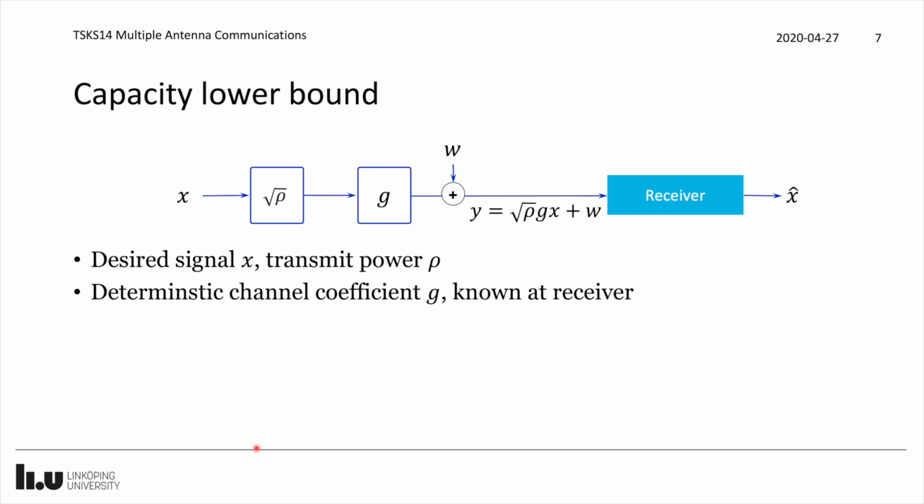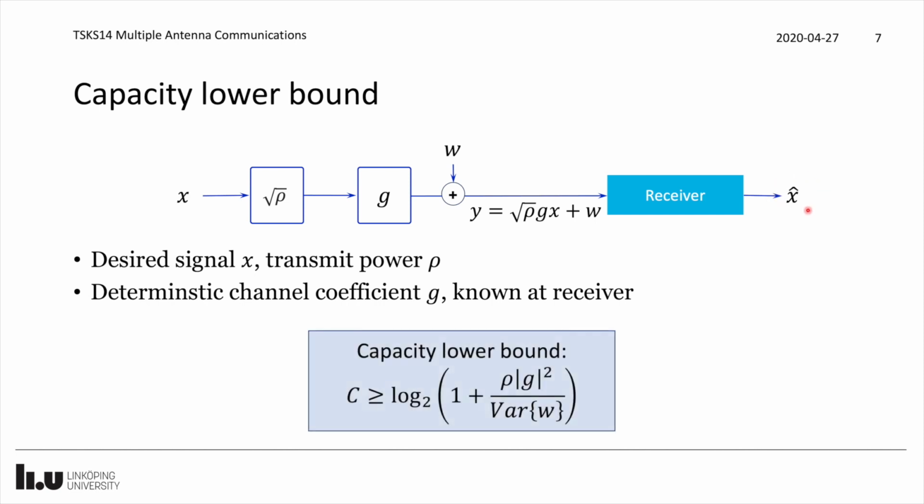And remember this capacity lower bound that we have been talking about before, where if I have a desired signal x, it is scaled by a transmit power rho, it goes through a scalar channel that we call G, we add noise W, and then we get y, which is equal to square root of rho times G times x plus W. And in this case, we are saying that we have a G, which is a deterministic channel coefficient, and is known at the receiver. So there's no additional side information here. It's only that we observe y, and we would like to guess x based on that.